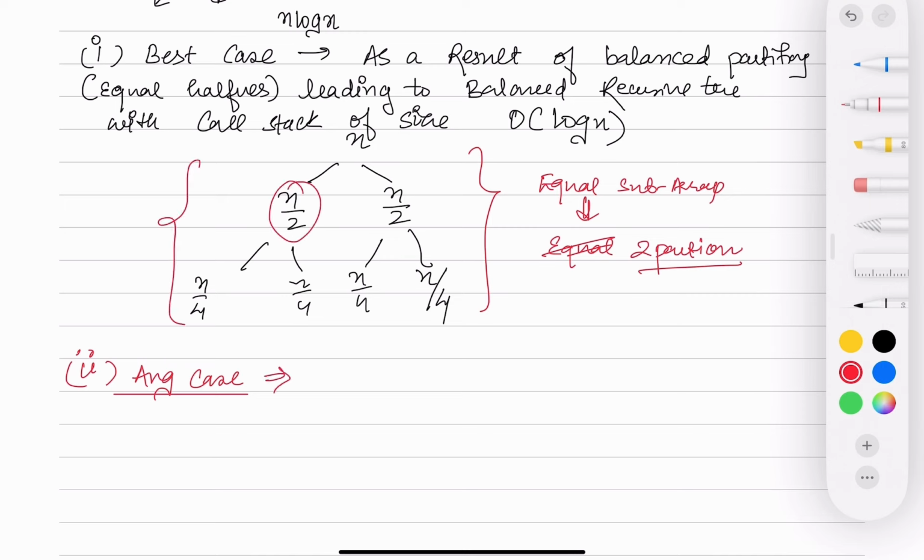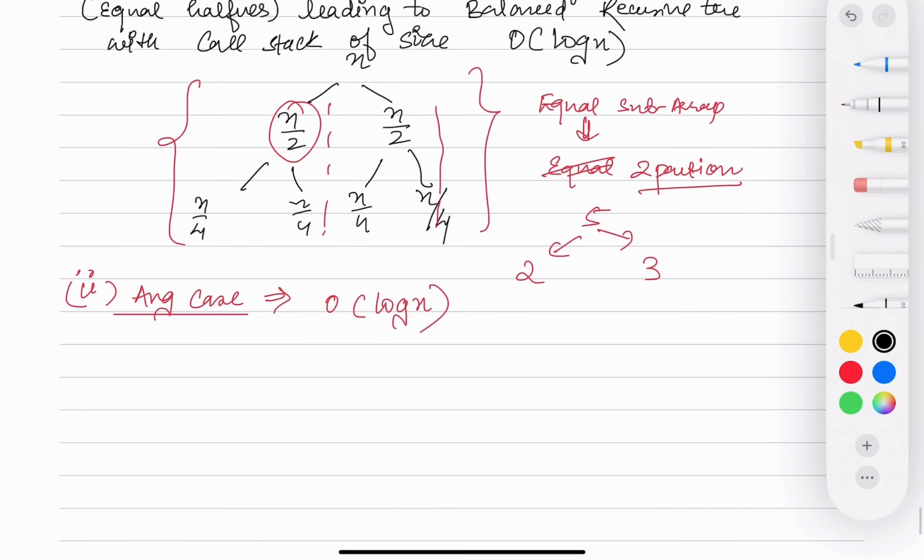Instead of n by 2, for example, if you have 5 elements, it may happen that on one side there are only 2 and on the other side 3. So it is not exactly n by 2, but it will follow a recursive tree with a call stack size of O of log n only. So for this also it is log n, correct?